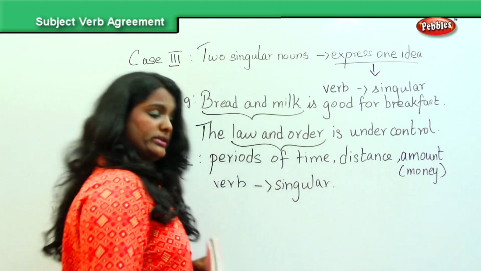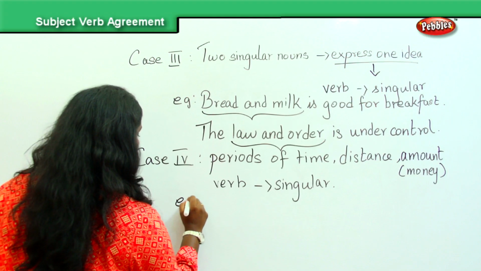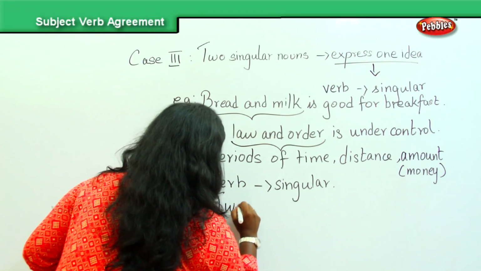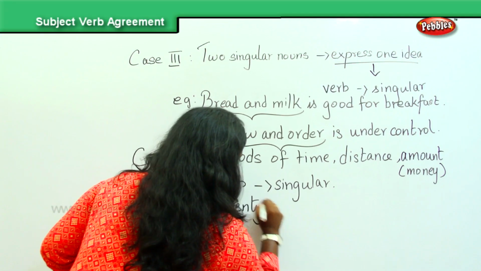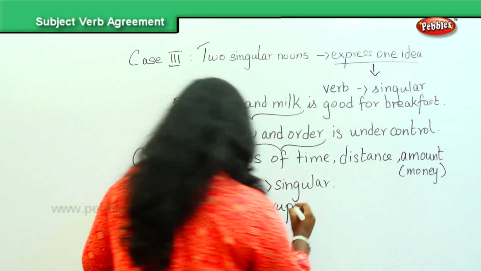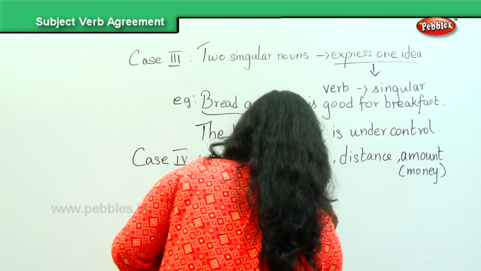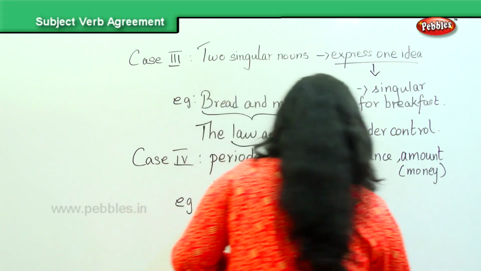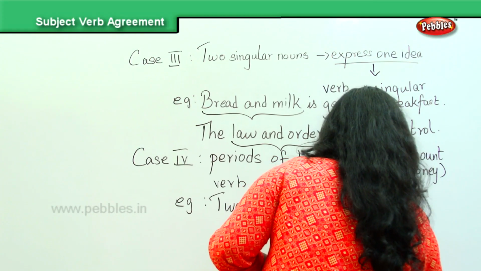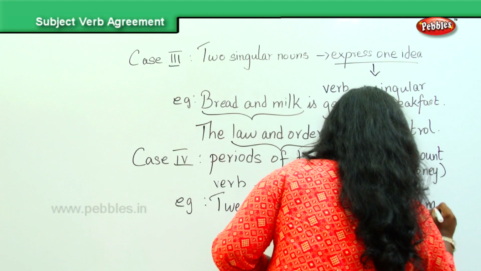Let me give an example to clarify my point. ₹20, I don't say 20 rupee, am I right? I say 20 rupees dash enough for me.